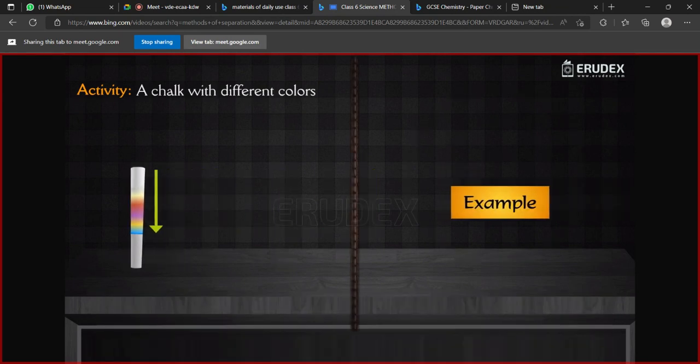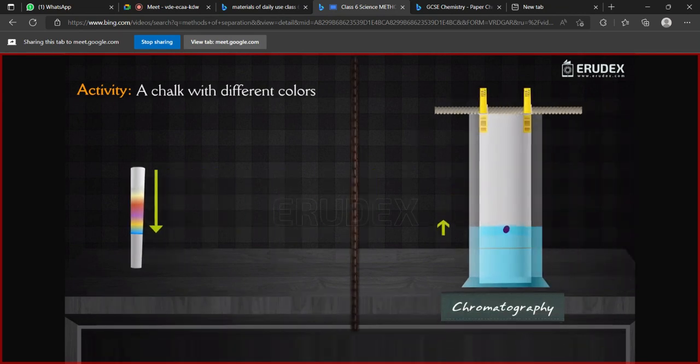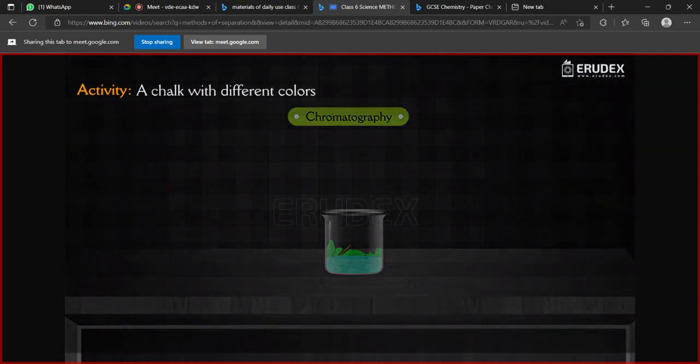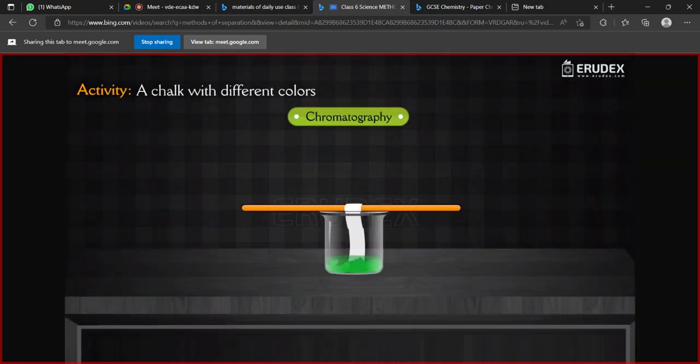This process is an example of the chromatography technique. We use this technique to separate components from a liquid mixture. We know that a leaf appears green in color, but if we use the chromatography technique for that leaf, then we can find that a leaf consists of a number of colors.